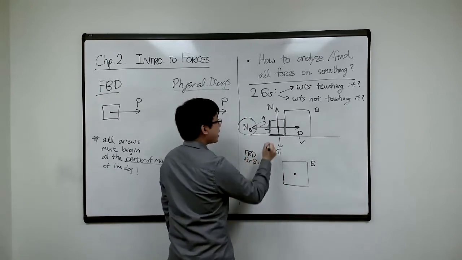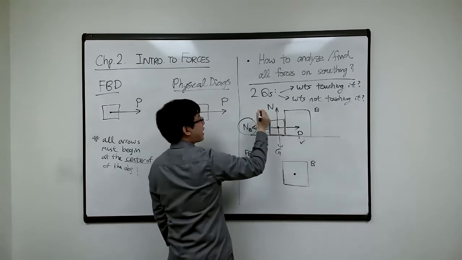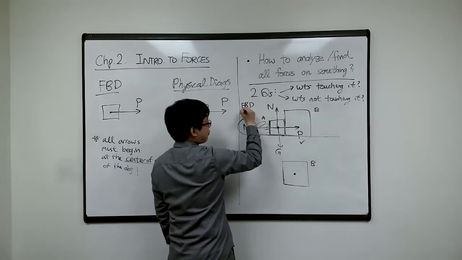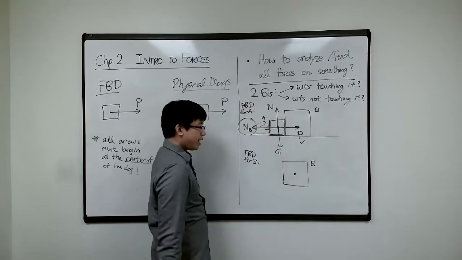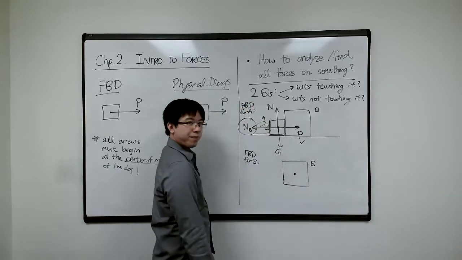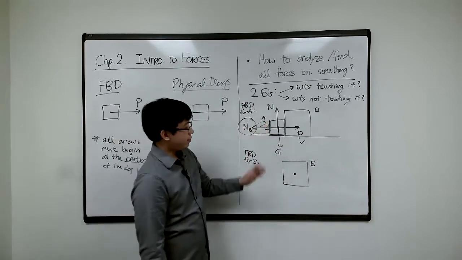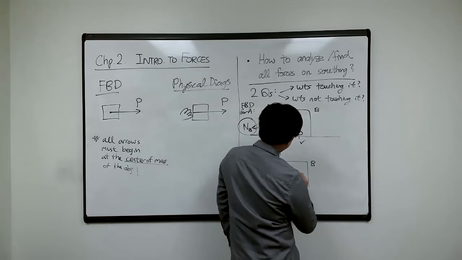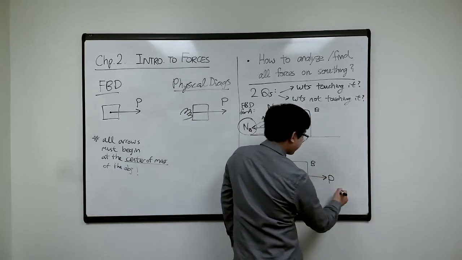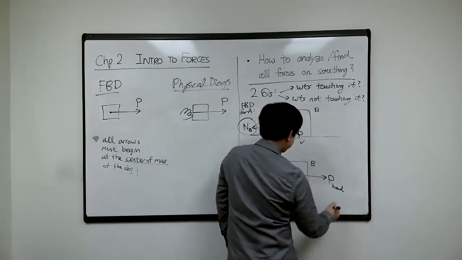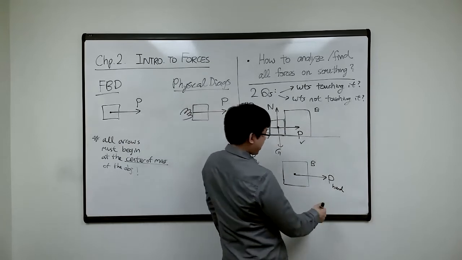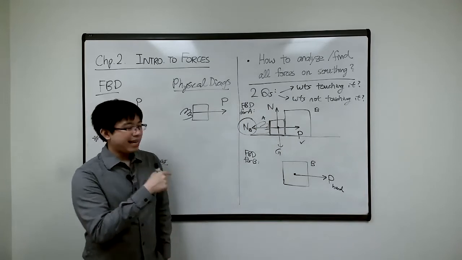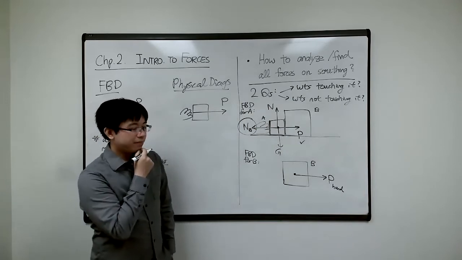So what are the forces on B? Well, I'm pushing it from here. This is a common mistake, that students would go like, oh, there's a pushing force from the hand, and then they'll draw something else. But let me ask you, is that force even valid?